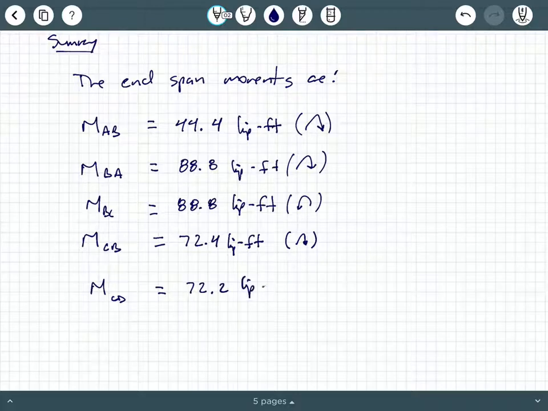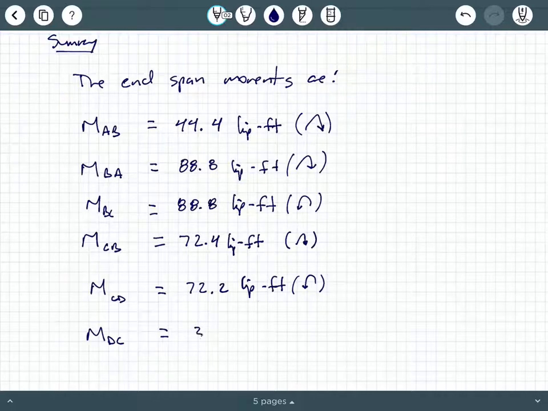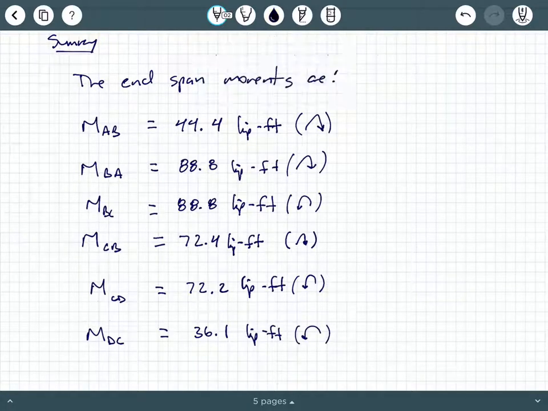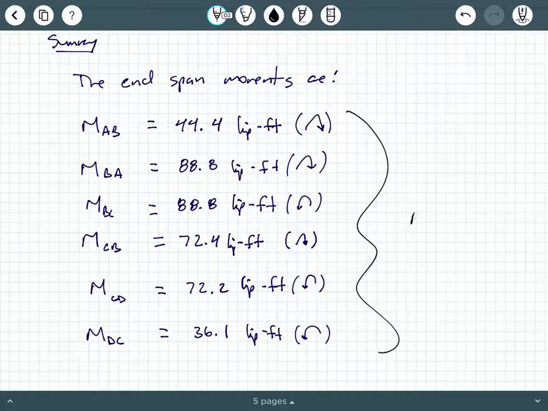And then MCD was 72.2 kip feet, it was negative, so it's going counterclockwise. And then MDC, that fixed connection, was, I believe, 36.1 kip feet. And it was a negative, so it's going counterclockwise.